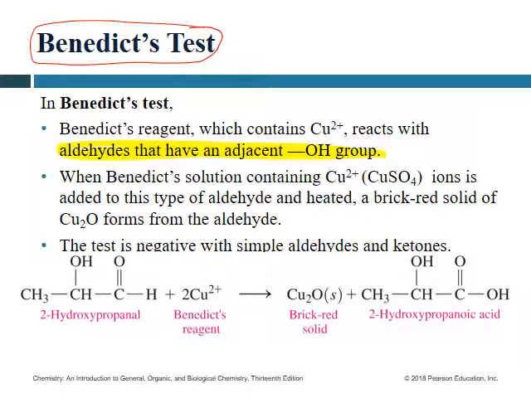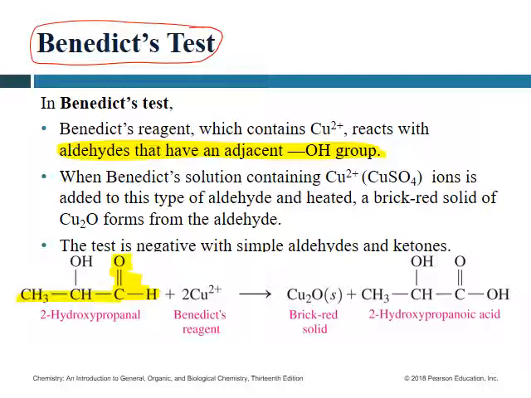So what that means, the carbon which has the aldehyde group, there has to be an adjacent carbon which has a hydroxyl group attached to it. So for instance, if we see right here, when you look at this molecule, first thing we recognize, this has an aldehyde group and it's an alkane, but with an aldehyde.